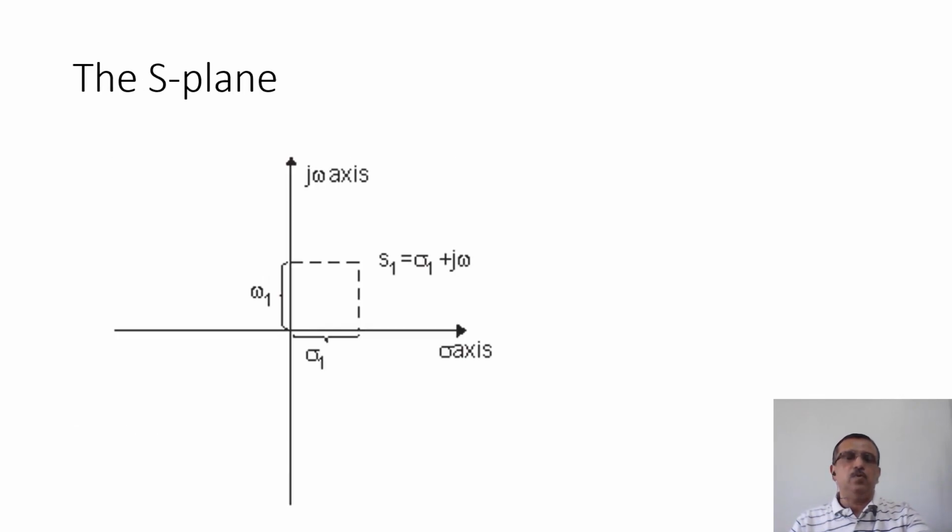Okay. So this is the new thing, the S-plane. Whenever you find poles and zeros, you have to plot them in the S-plane. The S-plane has 2 axes. The real axis, or the sigma axis, and there is an imaginary axis, also called the j omega axis.